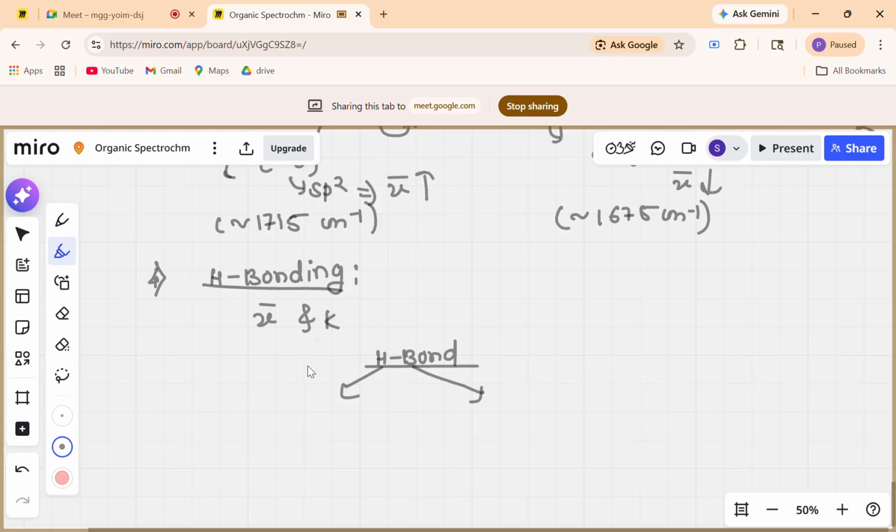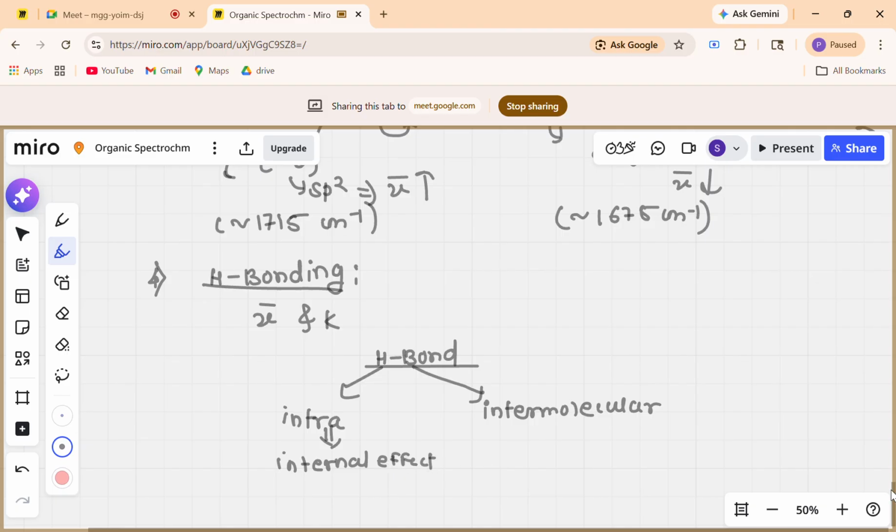So if a hydrogen bond is present, there are two types of hydrogen bonding, right? There can be an intramolecular hydrogen bond or an intermolecular hydrogen bond present in your molecule.